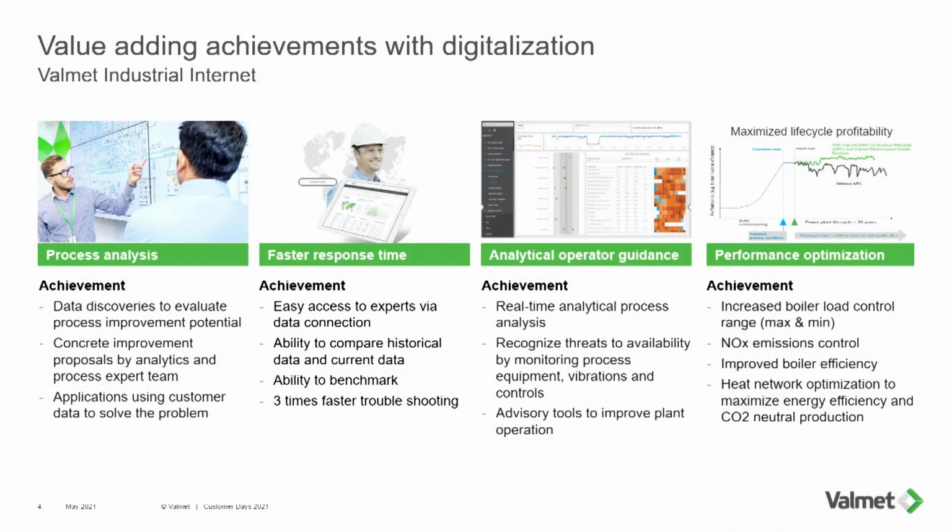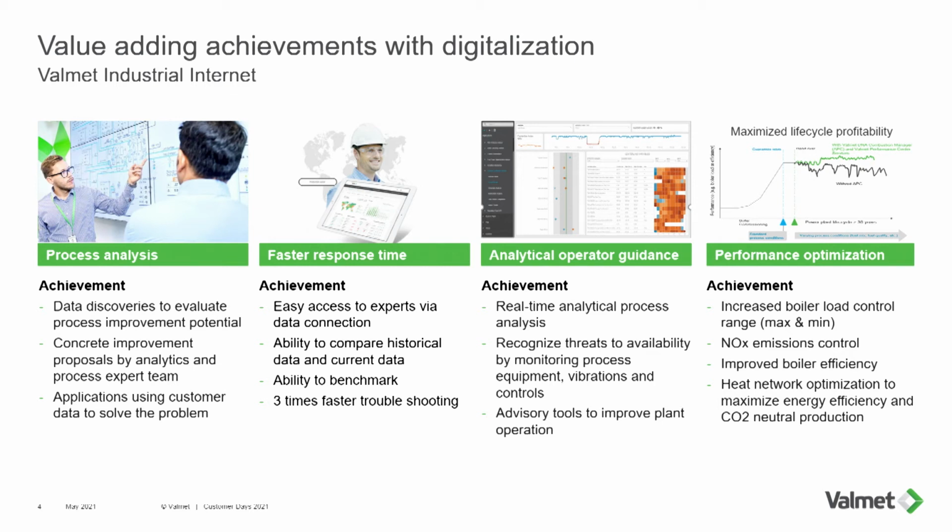One really important part is also the performance optimization, and what this means in practice is how we make the operation locally more automatic and make sure the optimizations are actually implemented. With this we can achieve increased boiler load control in terms of range.